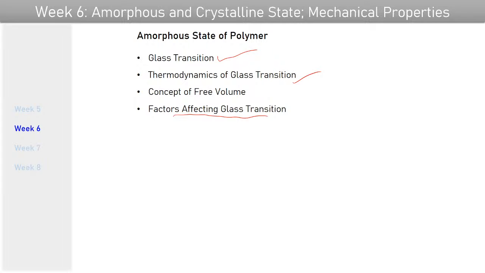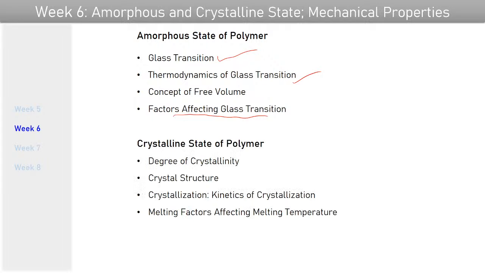And then for crystalline polymers, we talked about the different kinds of crystal structure that we can have, and the concept of degree of crystallinity. Polymer samples in general can be semi-crystalline, which have both crystalline and amorphous fractions.